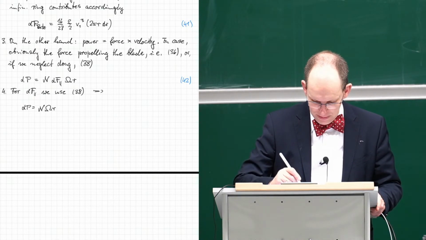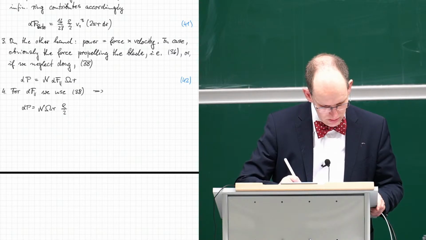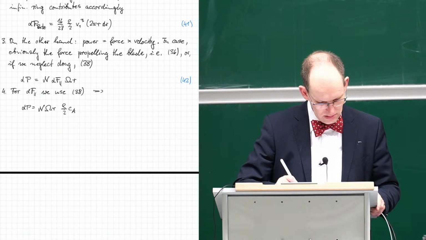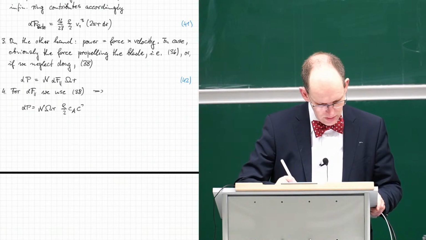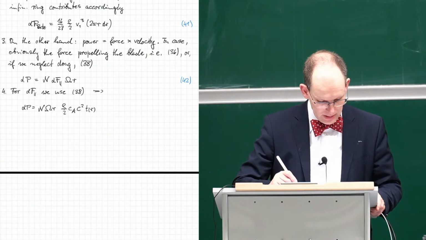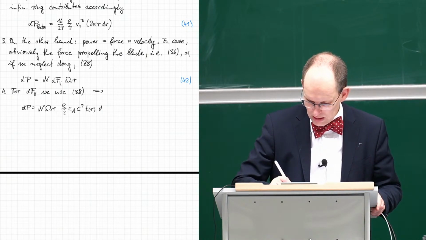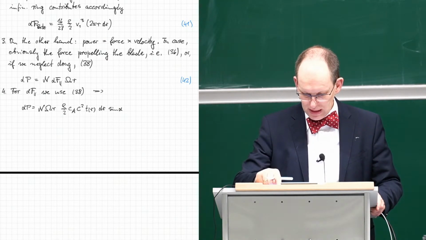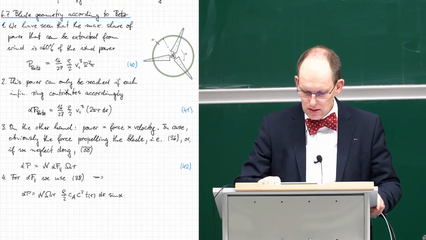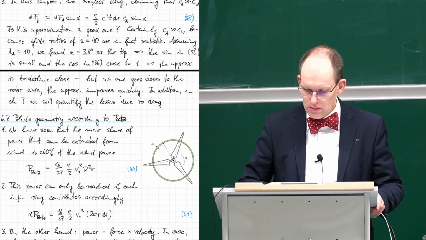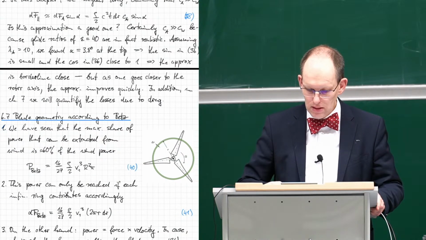So what we have is rho over 2 Ca times c squared, of course, times dr. This is the quantity that we are looking for, times dr times the sinus of alpha. So nothing has happened. I just replace dF parallel with equation 38.